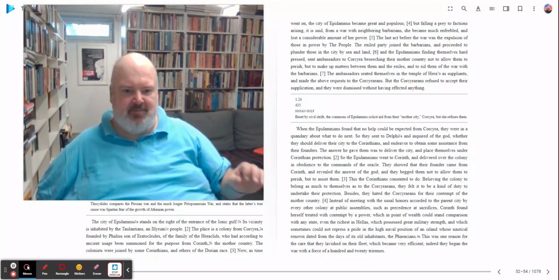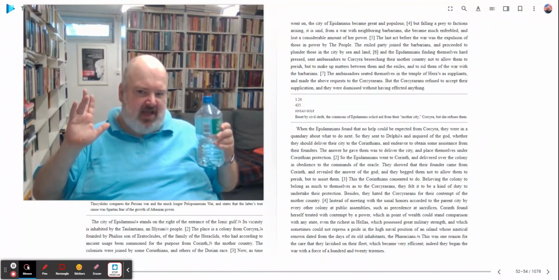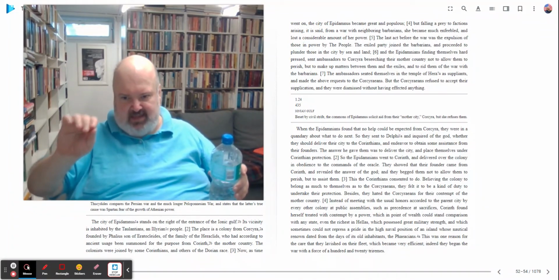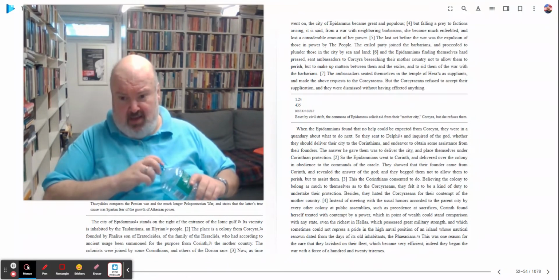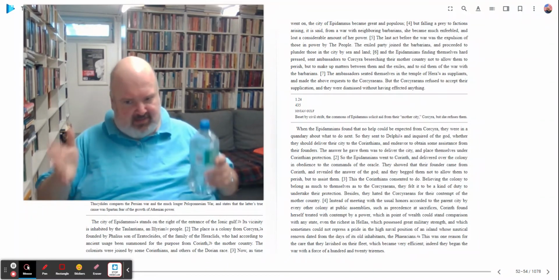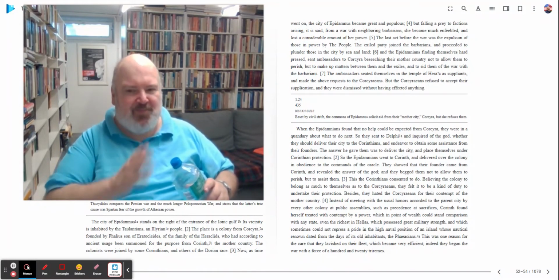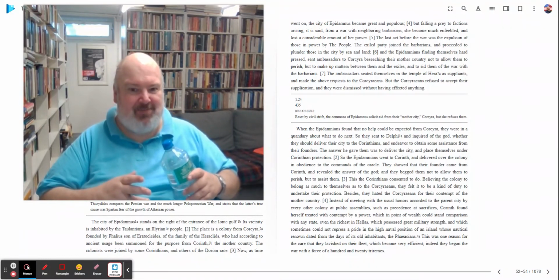In other words, they didn't know what to do, so they went to the god at Delphi. Delphi is the place of the oracle of Apollo, and the oracle plays a big role here in shaping the war.